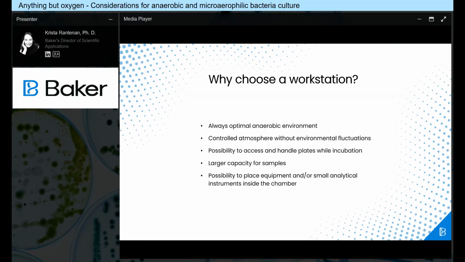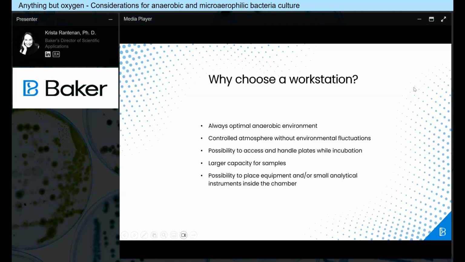And when the samples are all the time kept in the optimal temperature and the optimal growth environment, there is no lag time in the bacteria growth.